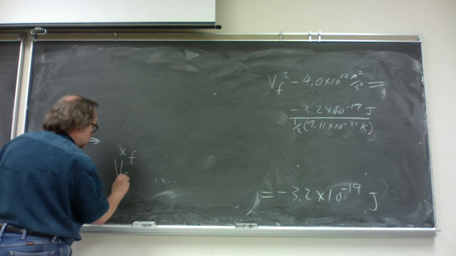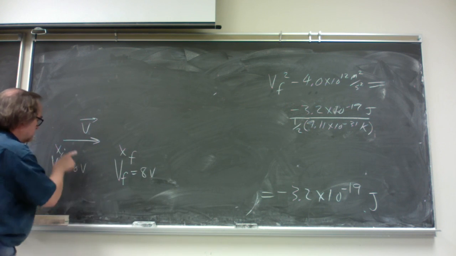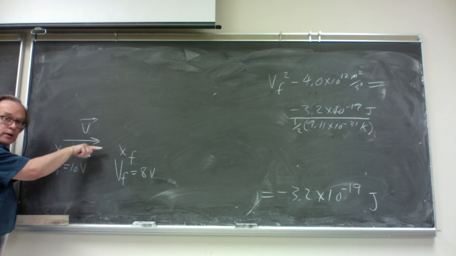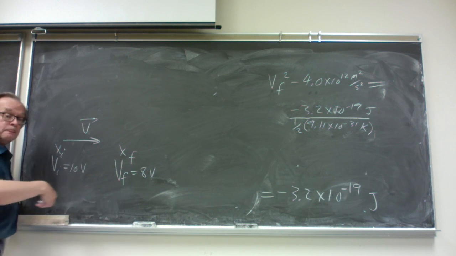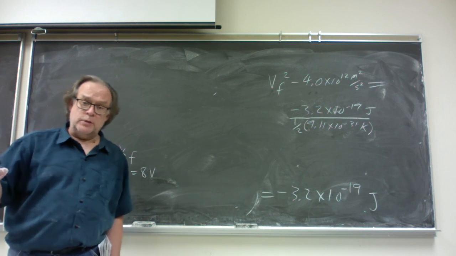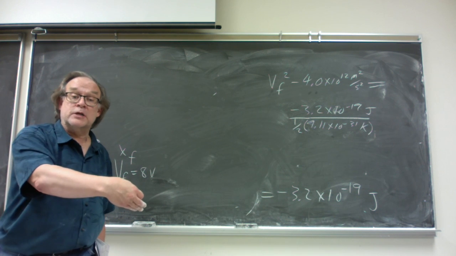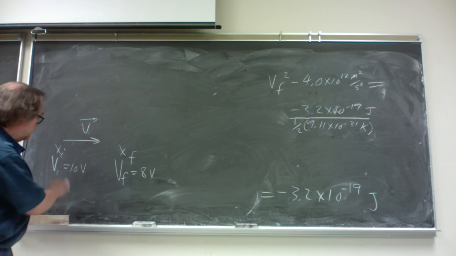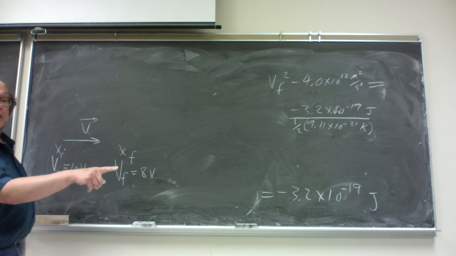The final potential was 8 volts. So moving this way, you're moving towards decreasing potential. Here it's higher, 10. Here it's lower, 8. What did I just say a few minutes ago? Electric field always points from higher towards lower potential. So if this is higher and this is lower potential, electric field must point from left to right.